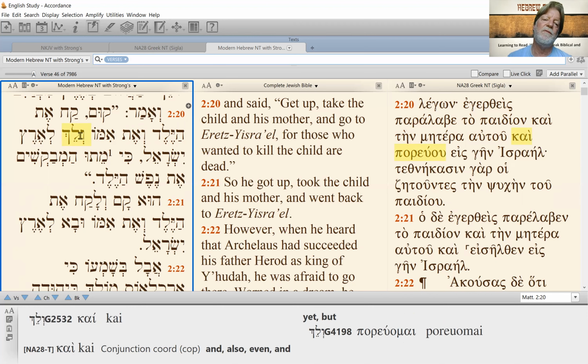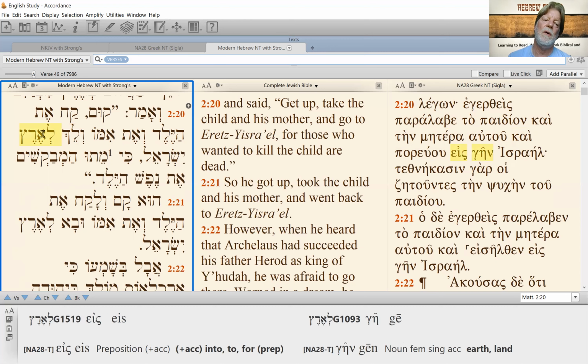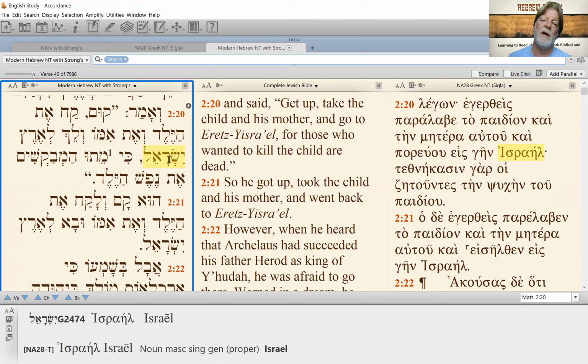And this is a shortened form of halach. Halach means to walk or to travel. But the hey, the H, drops out in some forms, especially the imperative form. Ve'alech, and go, to the land of Israel.